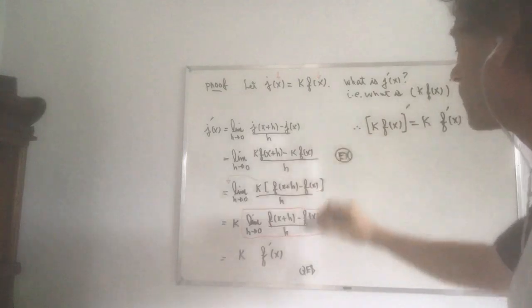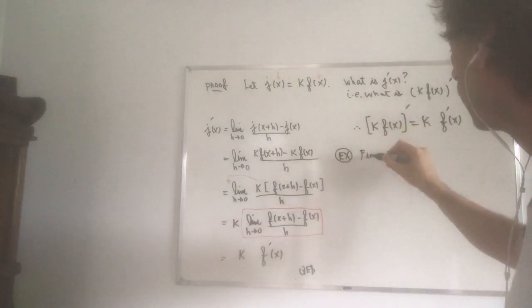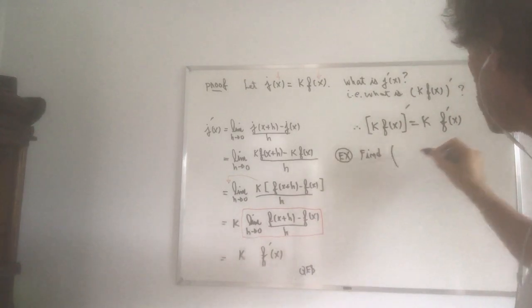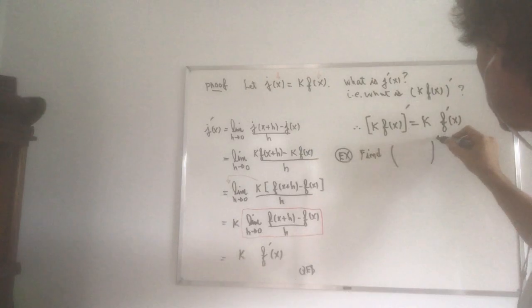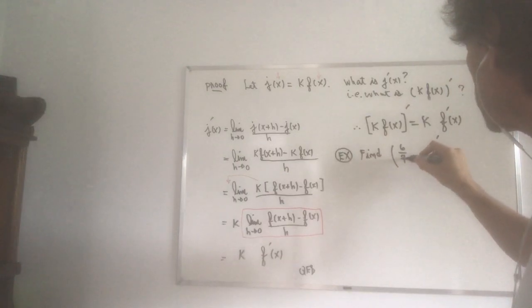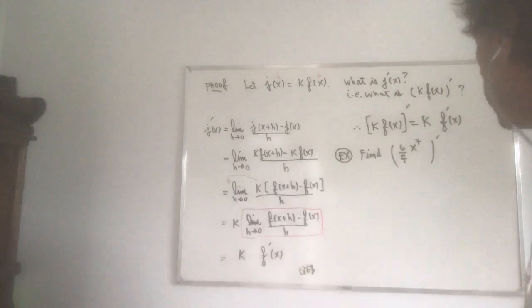Again, find the derivative. So let's just put a prime like this. Find 6 over 7 x to the 7, prime.